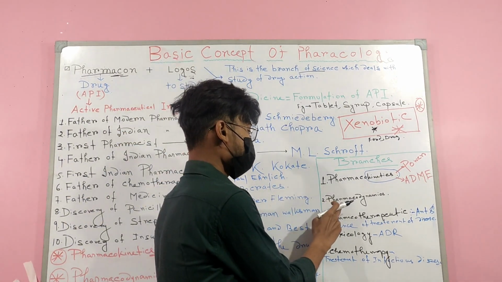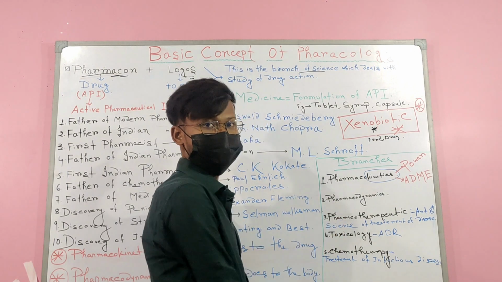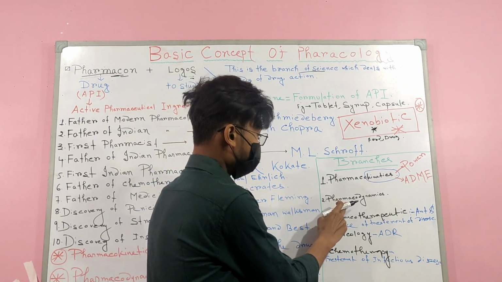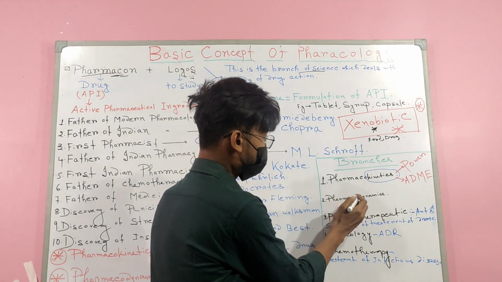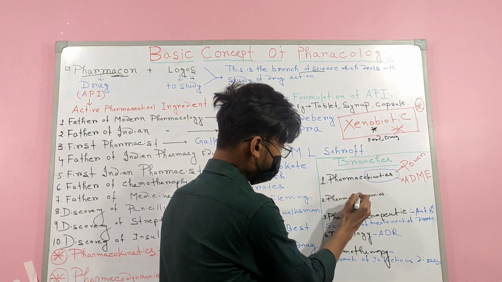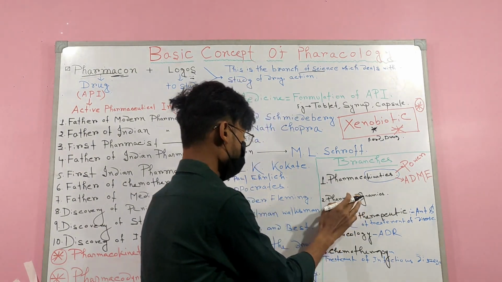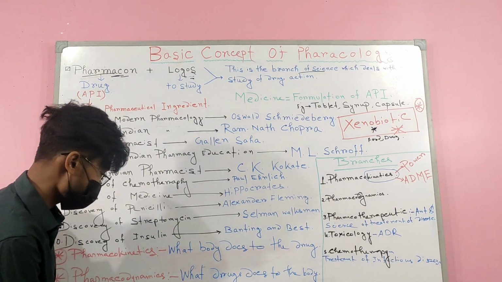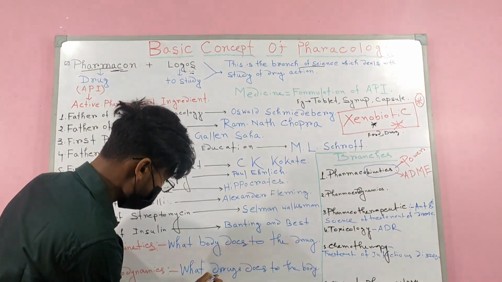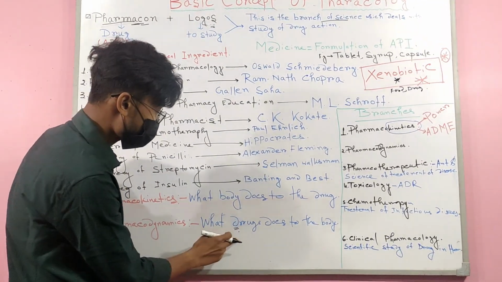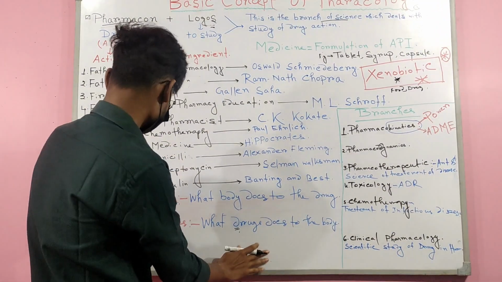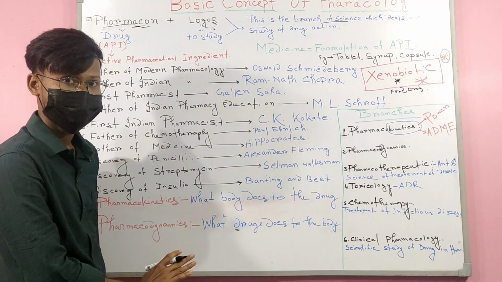In this word pharmacodynamic, we can see D, and the definition of pharmacodynamic starts from D. So the definition is: what the drug does to the body is called pharmacodynamic.